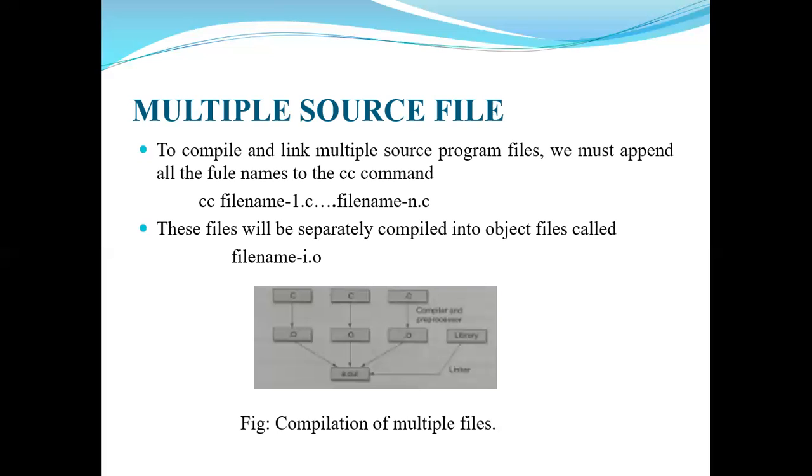The main program by default, like a function, returns an integer type of value. You can also write int main, void main. Void means it returns nothing. Or void main void, int main void. The empty pair of parentheses: if you have just written main with opening and closing parentheses, the empty pair indicates that the function has no arguments.